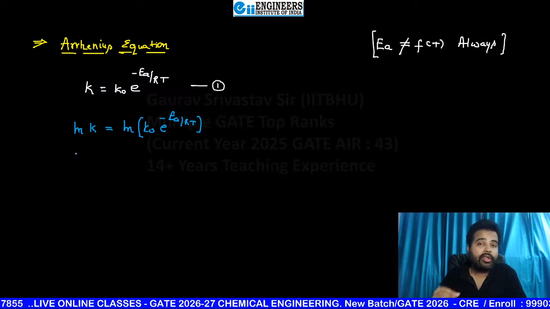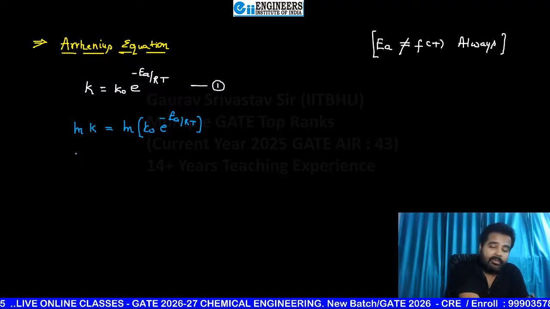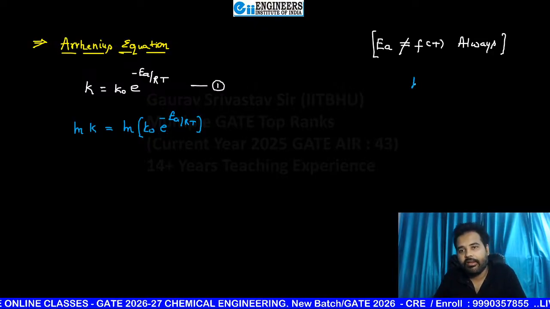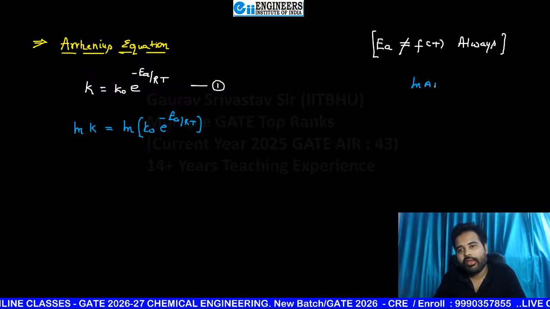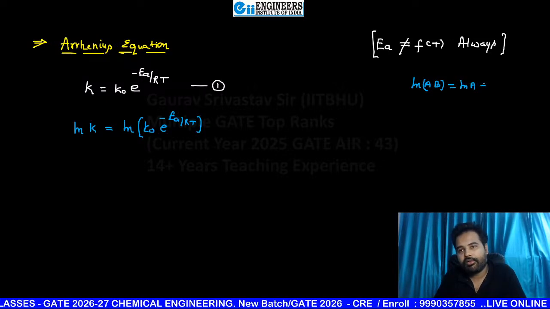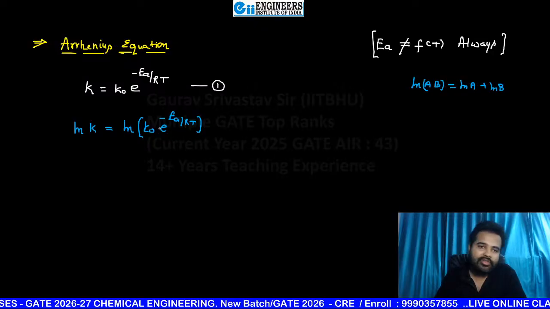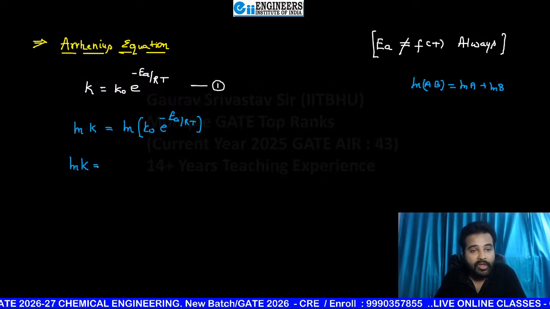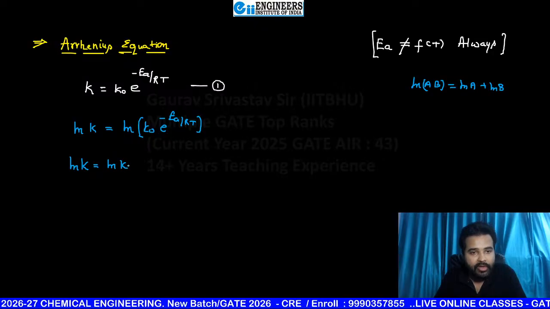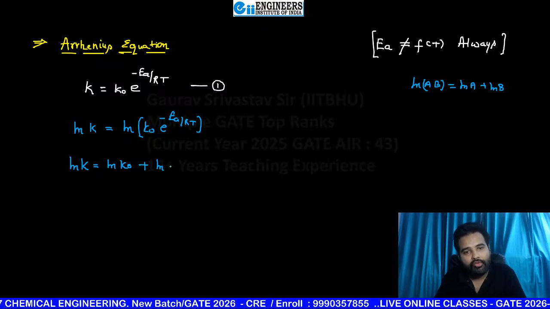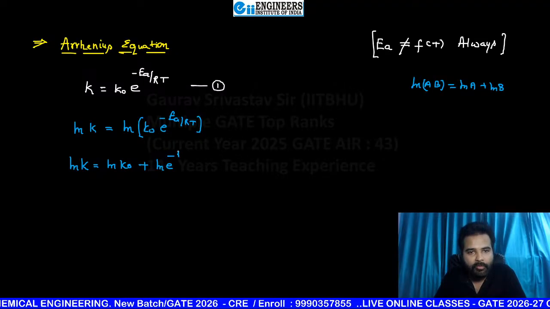Now, you know log AB can be written as log A plus log B. If you have ln AB, you can write ln A plus ln B. So the same thing I am going to do for the right hand side: ln of k equals ln of k naught plus ln of e raised to power minus EA by RT.